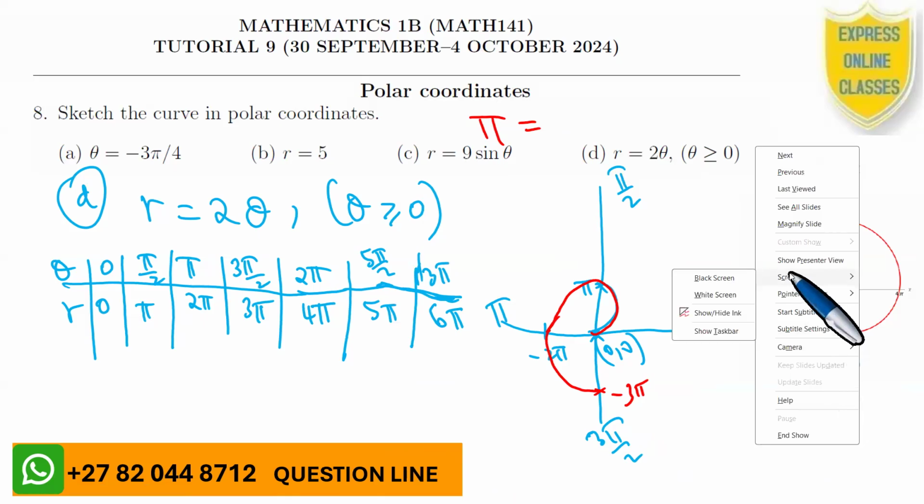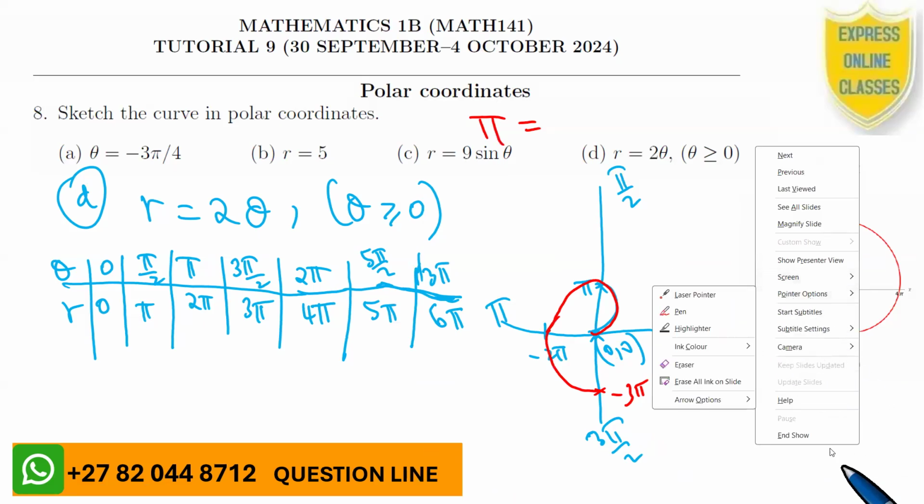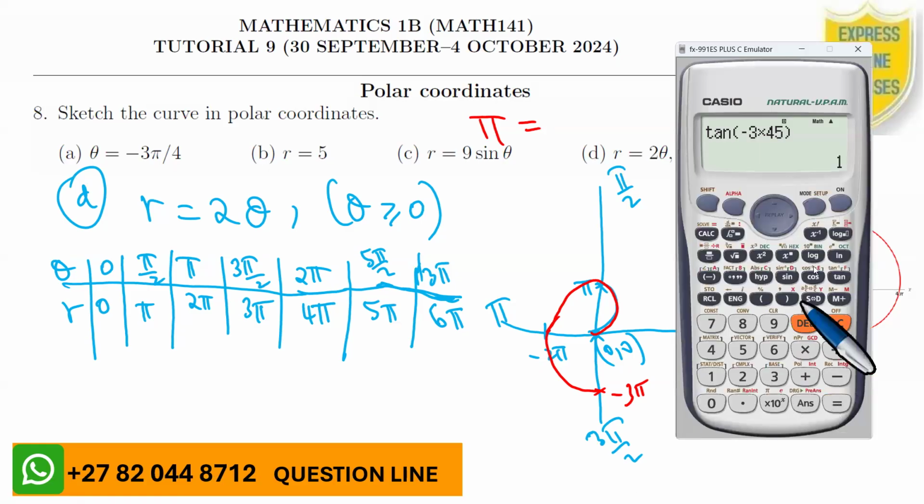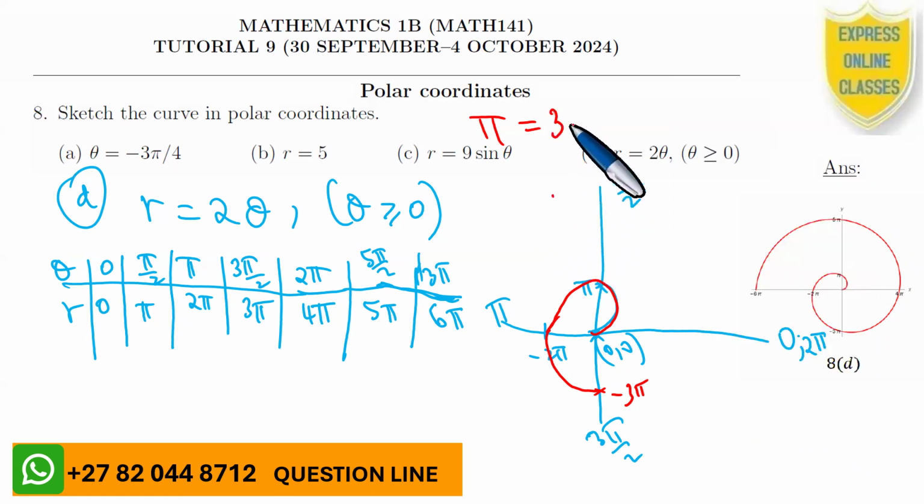Yes, you're right, 3.14. Okay, let us deal with 2 pi. At 2 pi, which is this one, the radius is 4 pi. So 4 pi is just going to be there.